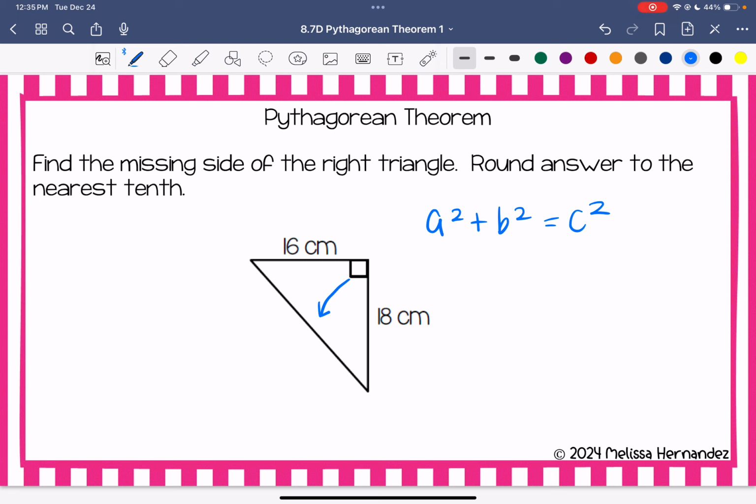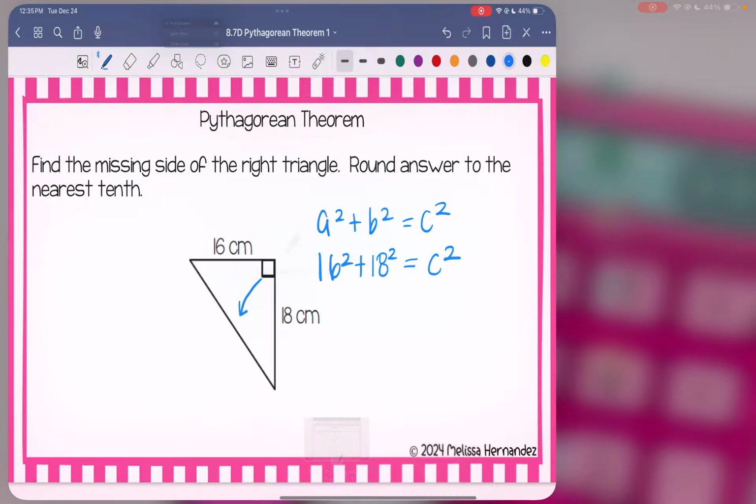So a squared plus b squared. You don't have to get all caught up, because it doesn't really matter which side you want to call A or which ones you're going to call B. So I'm just going to say 16 squared is my A side, and then 18 is my B. I said squared, but I'm plugging it in. Sorry. And so now I'll use my calculator.